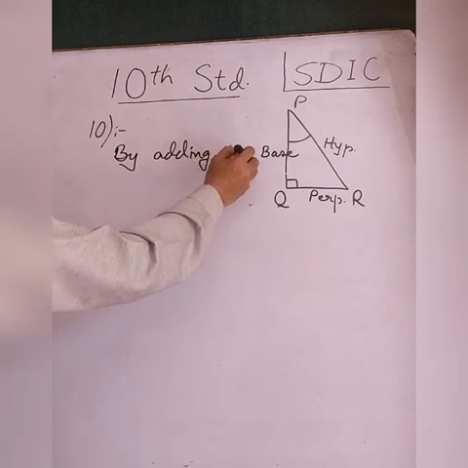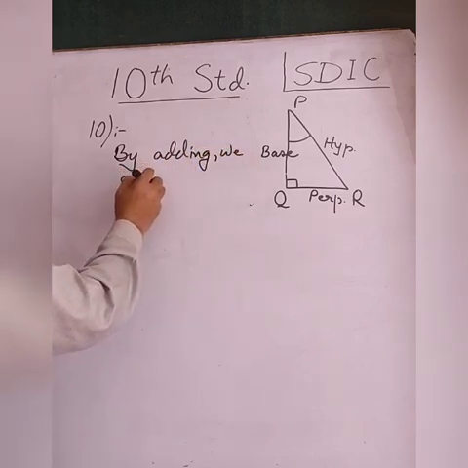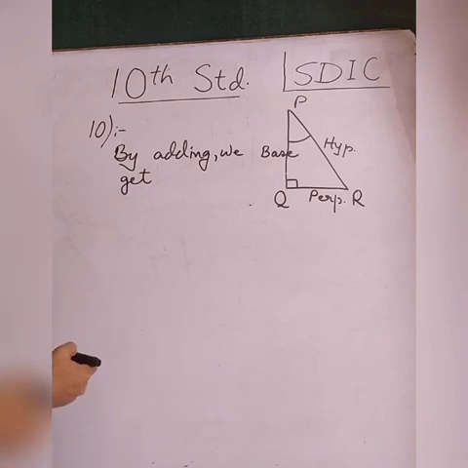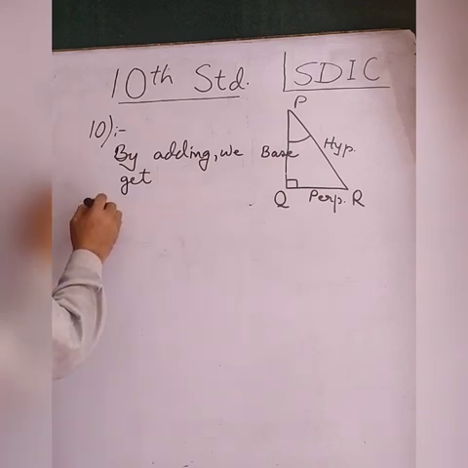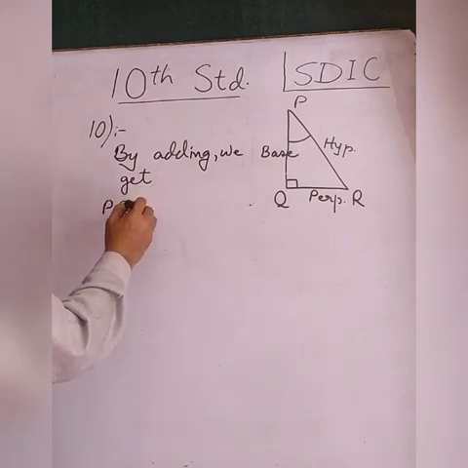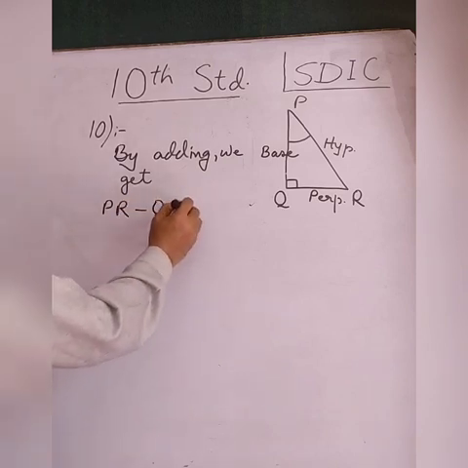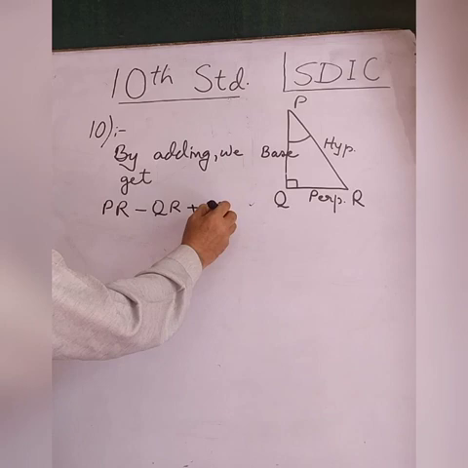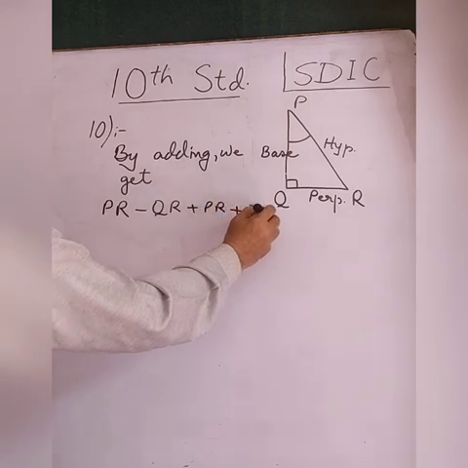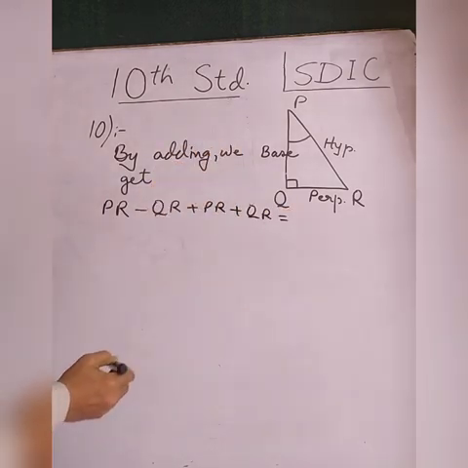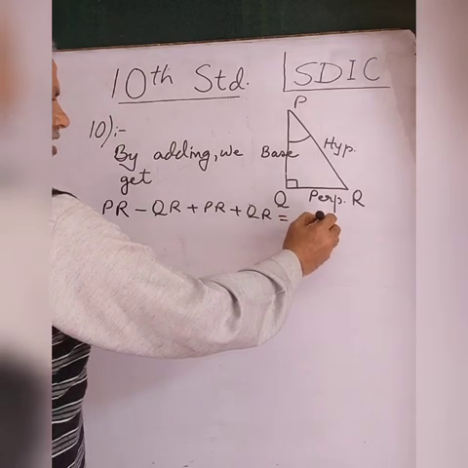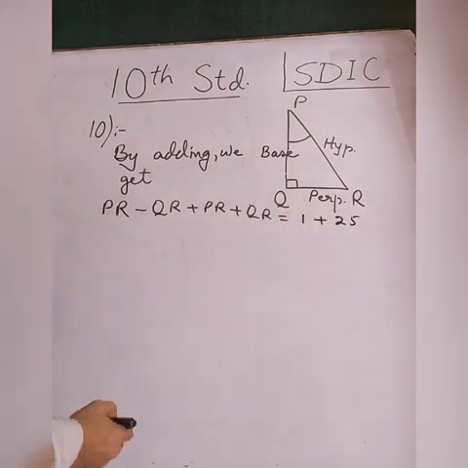We add left hand side to left hand side, right hand side to right hand side. PR minus QR is the left hand side of the first equation out of the two, plus PR plus QR, left hand side of the second equation, is equal to add their right hand sides, 1 plus 25.